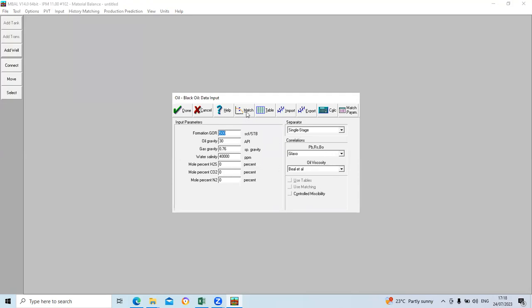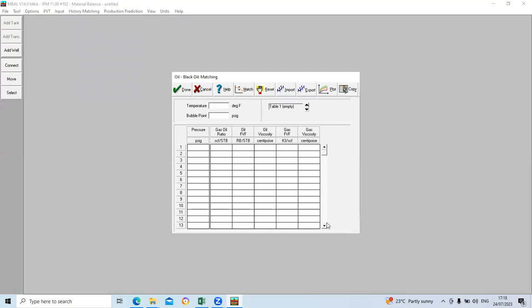For PVT matching, you input the data here, then you go to match, and after the match, you go to plot, so that you can plot the matched data with the laboratory data and see which one is a match. Then you can also go to parameters to see which of them has the best parameters, as we explained.